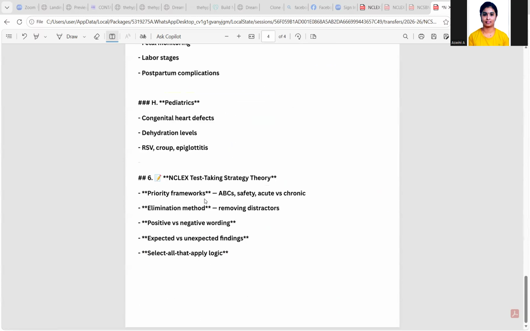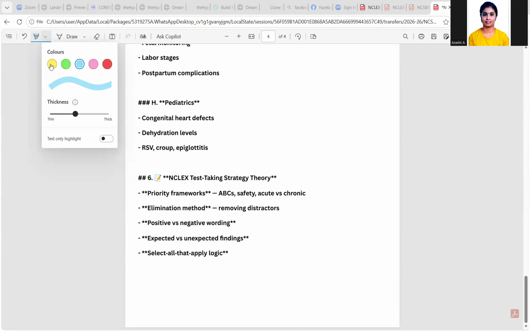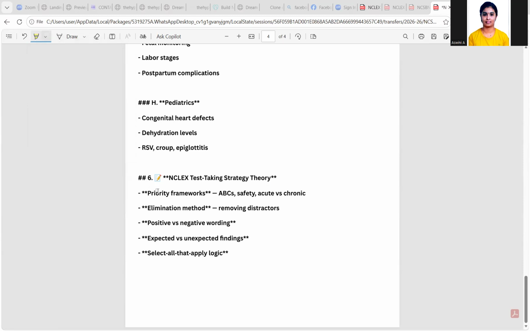So the strategy we can mainly use is ABC, safety, that means always promote the safety of the client. And the elimination method for option elimination. Okay, we can apply the priority framework, then use the elimination method.